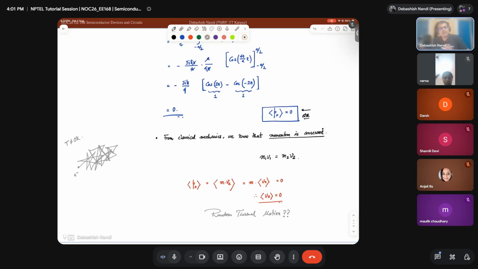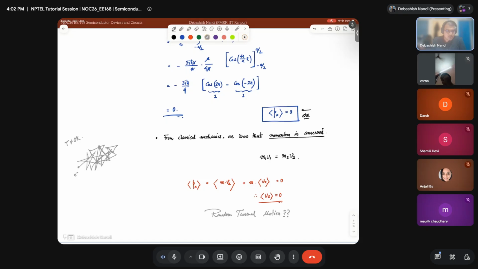Random thermal motion means, there is a very good analogy that Professor Karmalkar from IIT Madras has given in his lectures: in a sweet shop, when the sweet box is open, you see the motion of flies. Have you seen the motion of flies roaming around the sweet box?